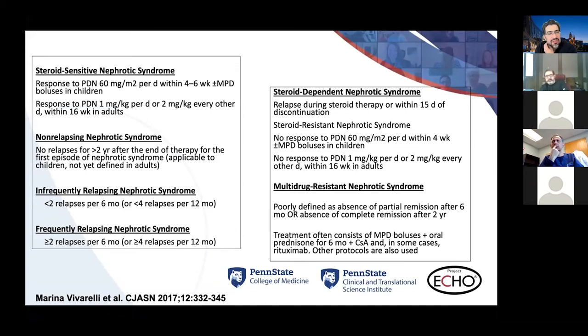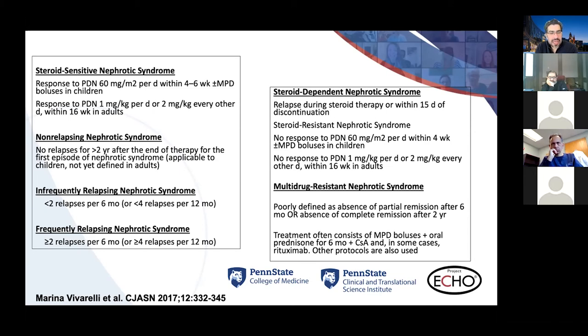The sensitivity is response in 4 to 6 weeks, and 4 as you just corrected. In adults, that time frame is 16 weeks because some of the adults have a delay in response, or the response is not as quick or robust as compared to children.